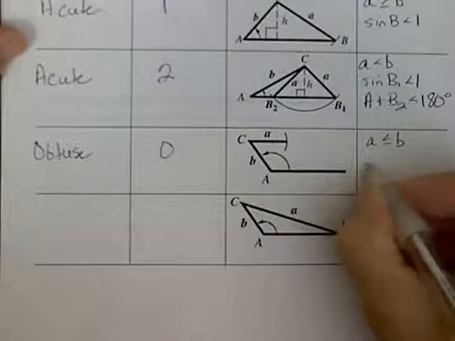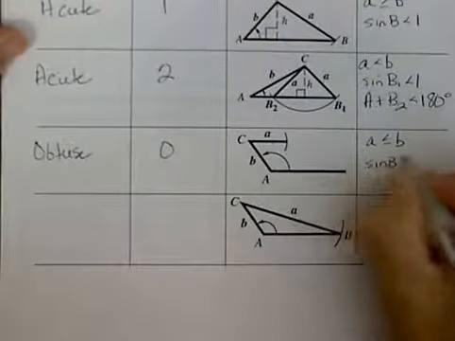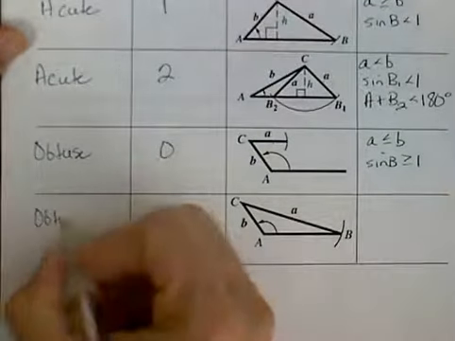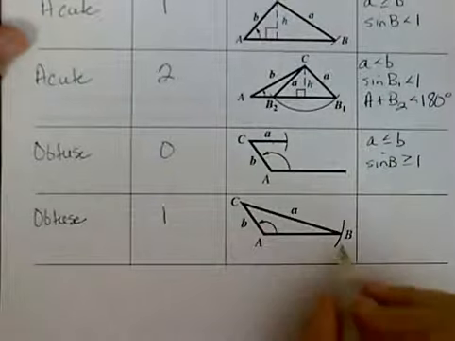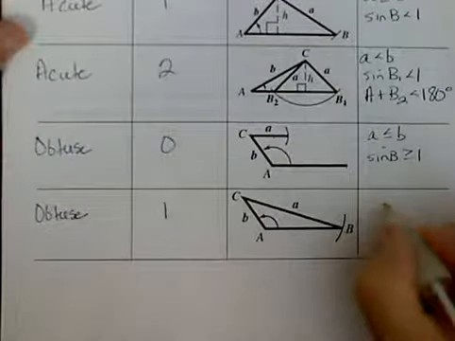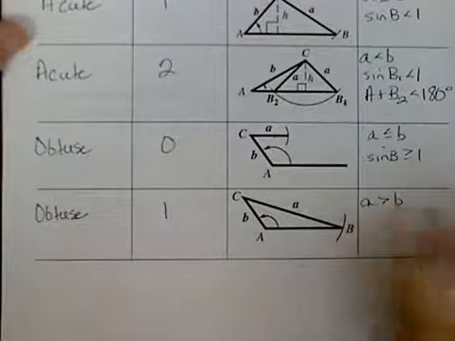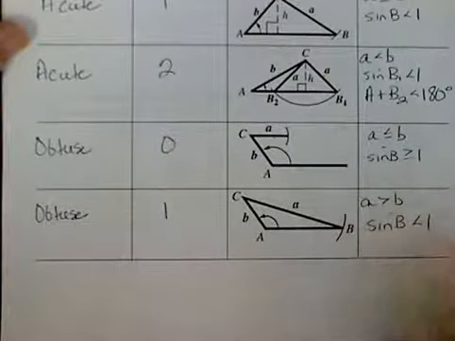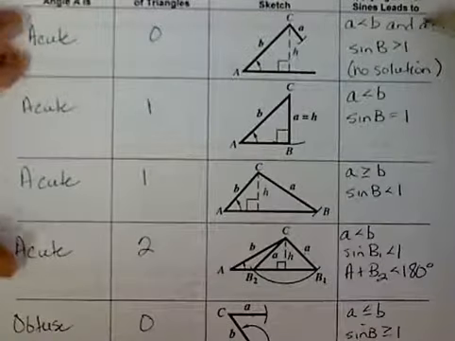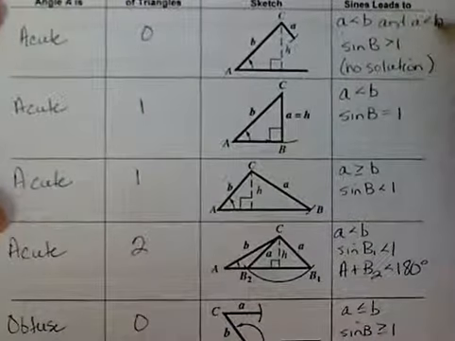If you have this situation, your sine of B will turn out to be greater than or equal to 1. Then the last one is if A is an obtuse angle. In this one, we do get one triangle. This is where A is greater than B, and the sine of B turns out to be less than 1.